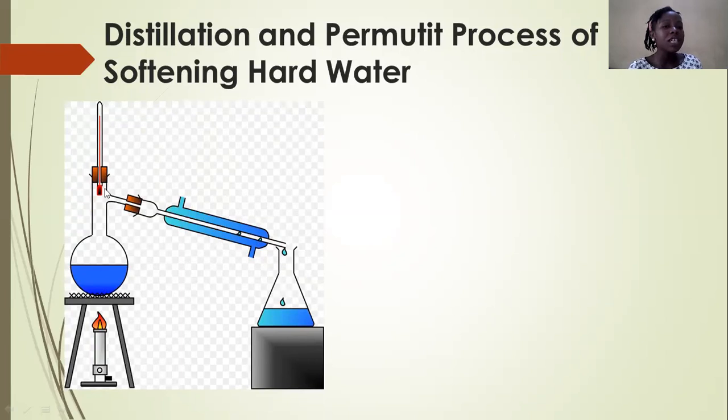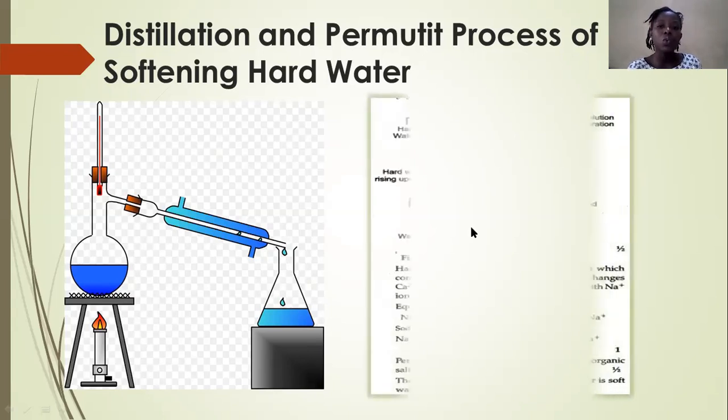While the water is turned into vapor, that's steam, it condenses back as water, and then you get your soft water. This is applicable for both temporary and permanent hardness of water. Those dissolved salts that cause the hardness of water are left behind in this container, while you get your pure water. Should I call it pure water or soft water?